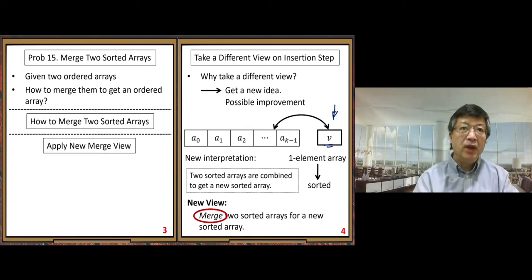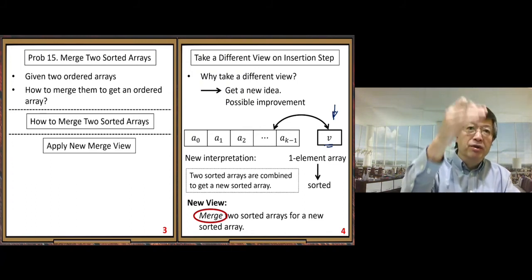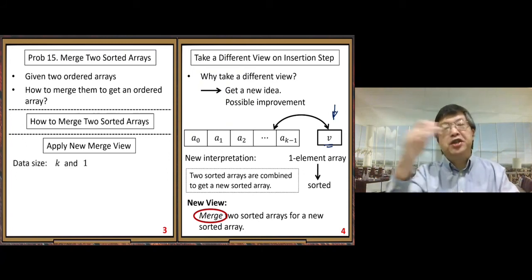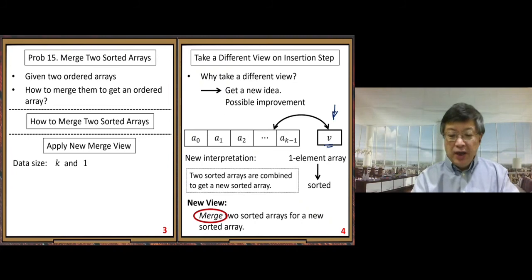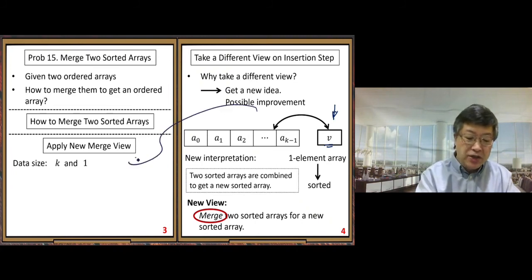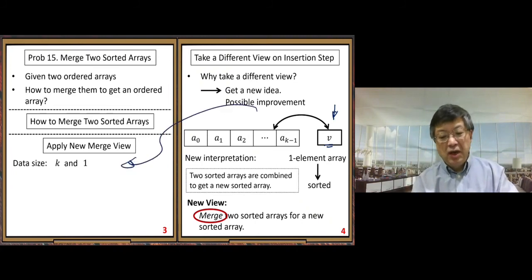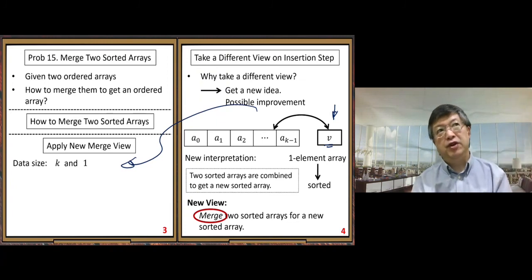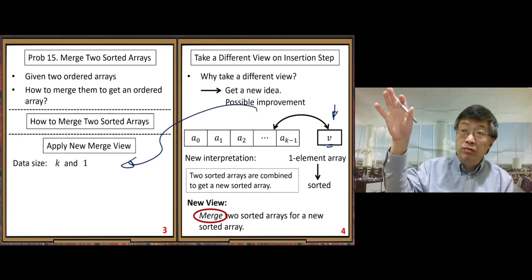When we apply the new merge view, we also look at the data size. Here, for this special case, there are k data items in the first sorted array, but the second one has only one.